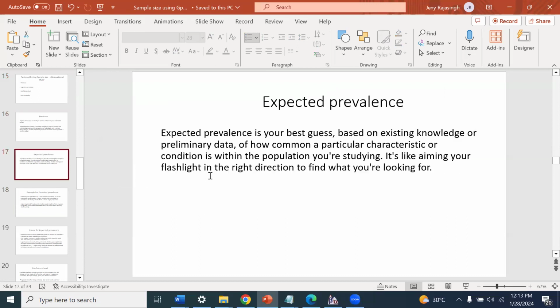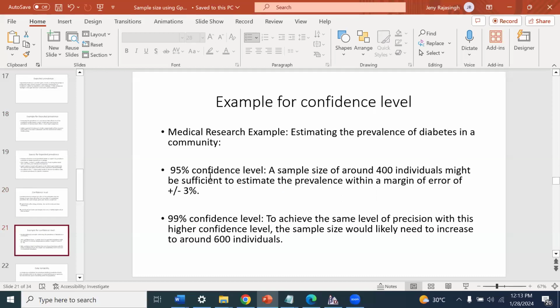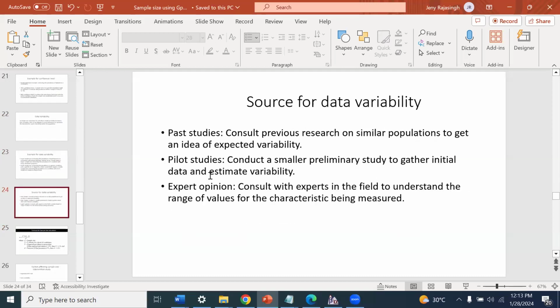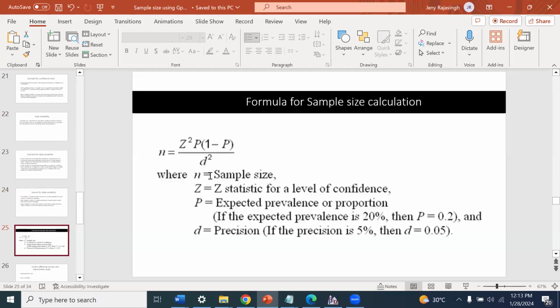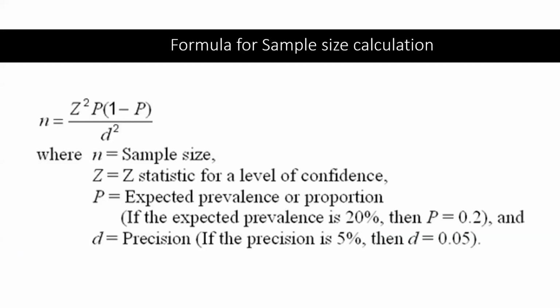Let's see what is the formula for the sample size for an observational study, for a prevalence study. So this is the formula: N is sample size, Z is the statistic for the level of confidence. If you are selecting 95% confidence, the Z value will differ.